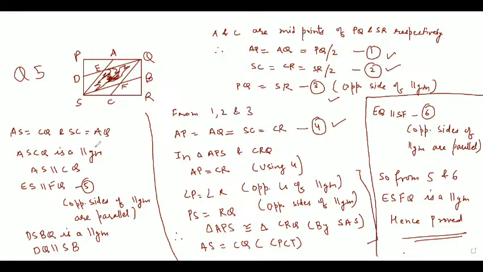Then we proved ASCQ is a parallelogram, and we made our fifth and sixth statements, and from the fifth and sixth statements we proved ESFQ is a parallelogram. So I hope the whole question is clear. If still any doubt is there, always feel free to ask your doubts by commenting in the comment box.